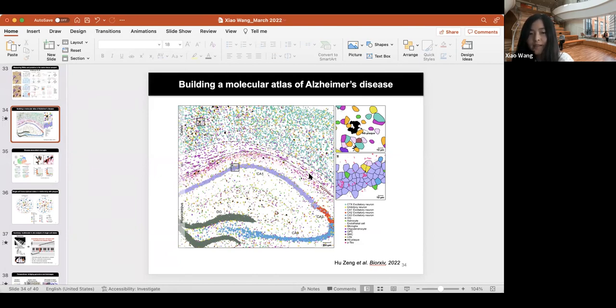The key point is how many probes you design. If you design, for example, 4 or 5 probes per gene, you can have very high detection efficiency. But if you want to measure more genes, for example, in the study of Alzheimer's disease, we only designed 2 probes per gene. So the detection efficiency is proportional to how many probes you design per gene.